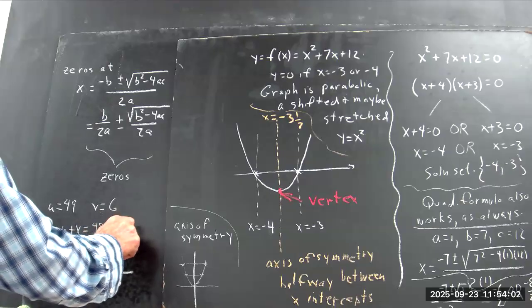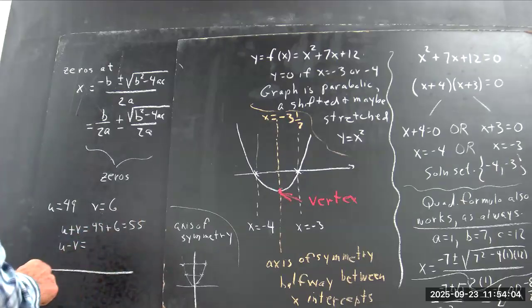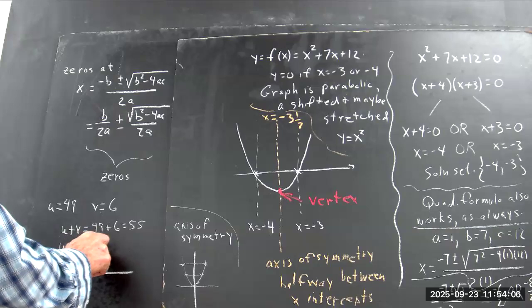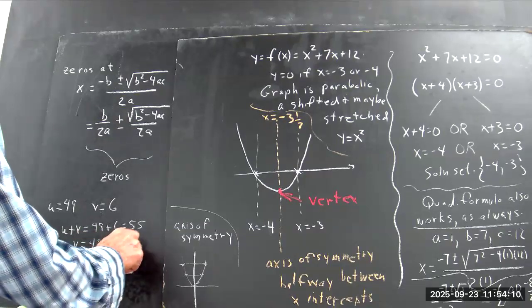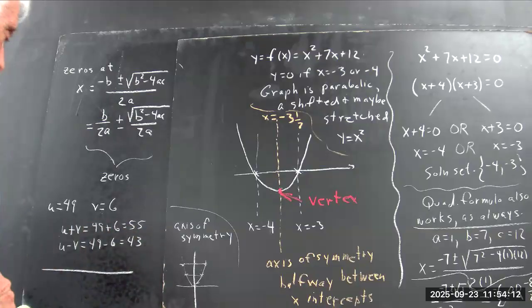My case would be 49 plus 6, which is 55, and 49 minus 6, which is 43. You have your numbers, right? Have you written them down? Okay. It's easy, right? Probably the easiest thing I've ever asked you to do.